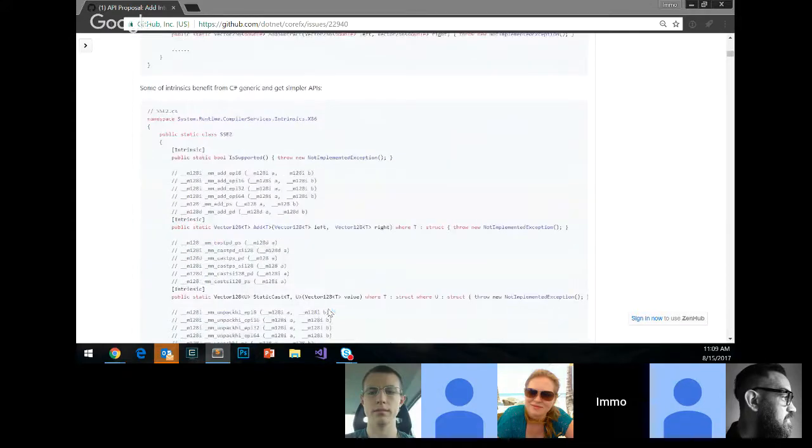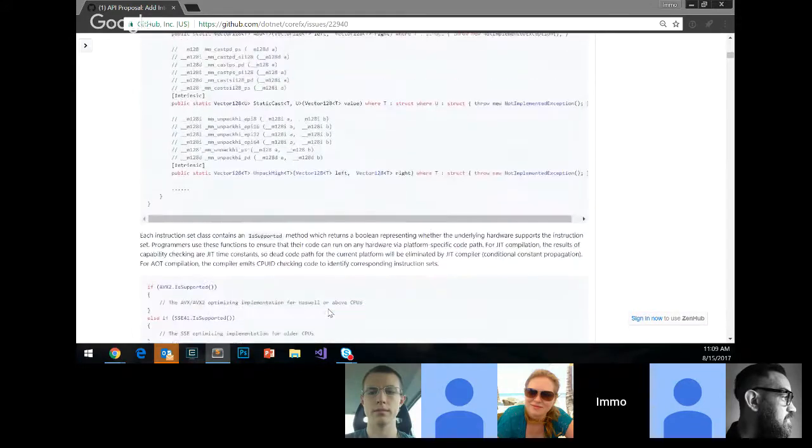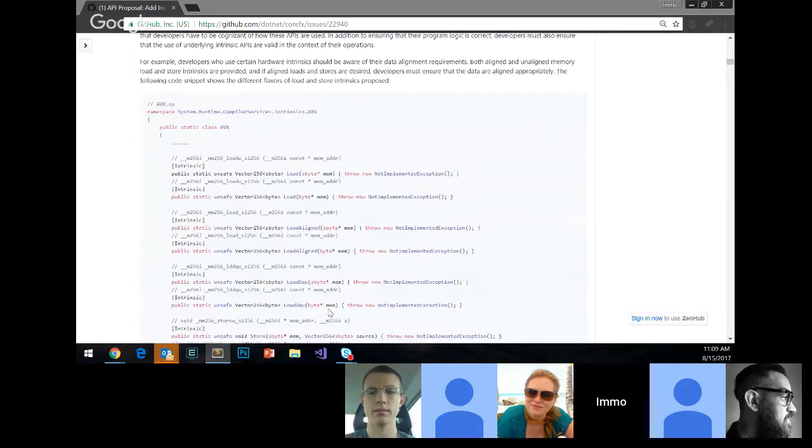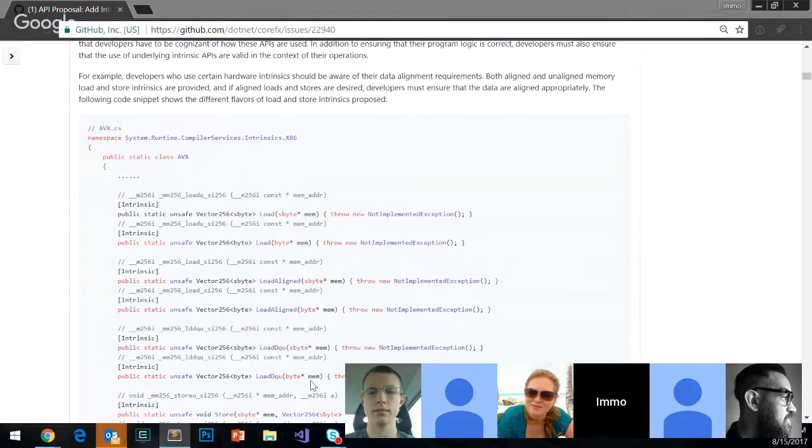There is an example if you could roll down a little bit. Yeah, in this example code. First of all, I think the load, so in C++, it's load U or load aligned.